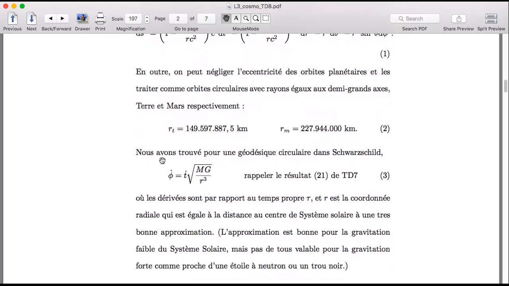And the nice thing about this calculation is our results are building on things we've learned earlier. In the last TD we did last Saturday, we derived this relationship.